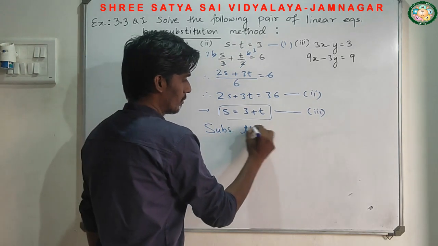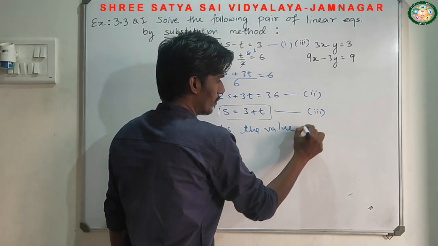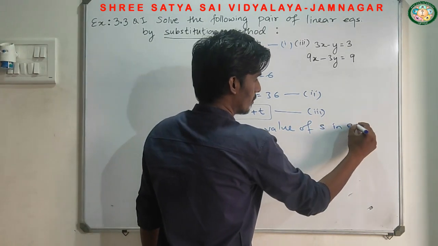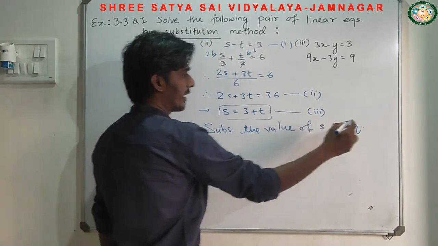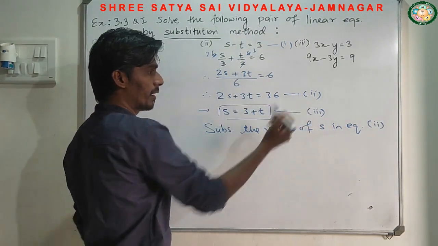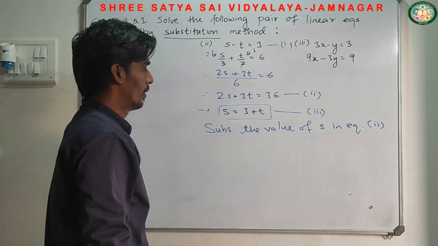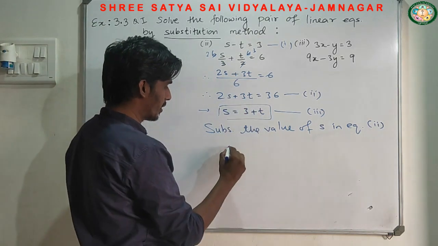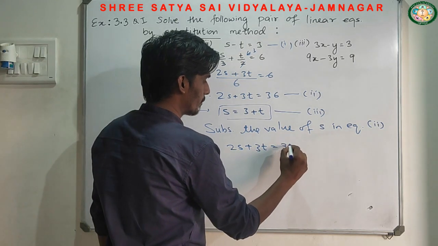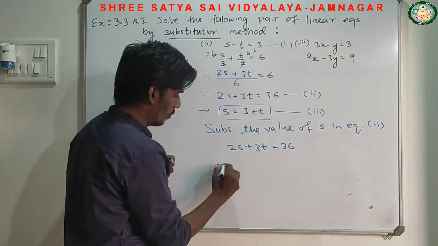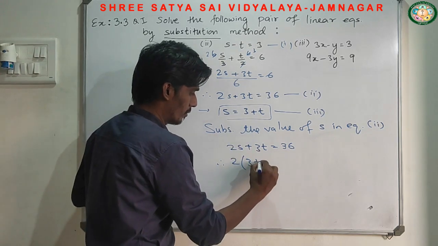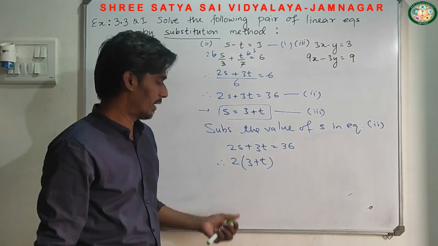Now again the same statement: substitute the value of small s in an equation. Which equation? The second equation. I used the first equation, so I'm going to use the second equation. Now write down the second equation if you have any confusion. 2s plus 3t equals 36. Now 2 as it is, instead of s we are going to replace it by 3 plus t.